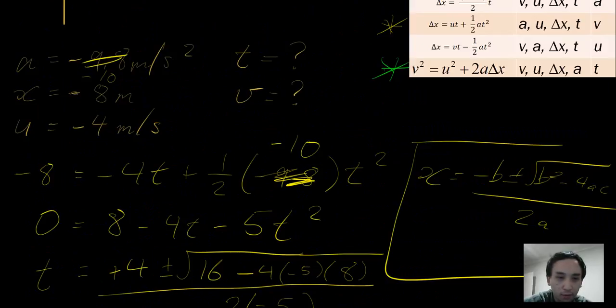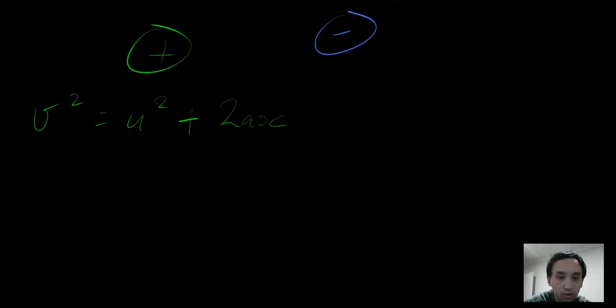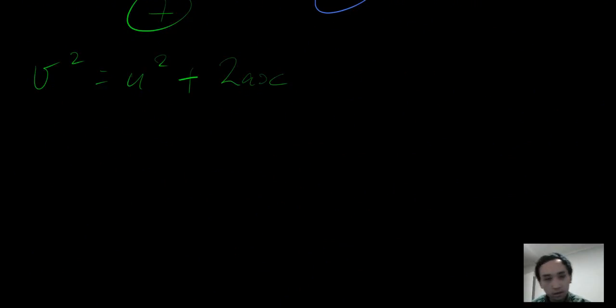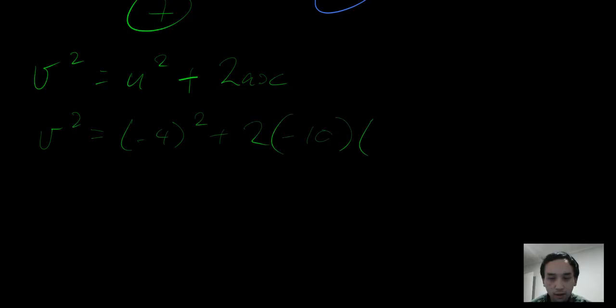And all of our variables, we have a as, or just make it negative 10 again, doesn't really matter. Negative 8 for x, and negative 4 for u. So plugging all of that in, what do we get? So v squared is equal to, now u over here is negative 4 squared, plus 2 times negative 10, and our displacement has to be negative 8.